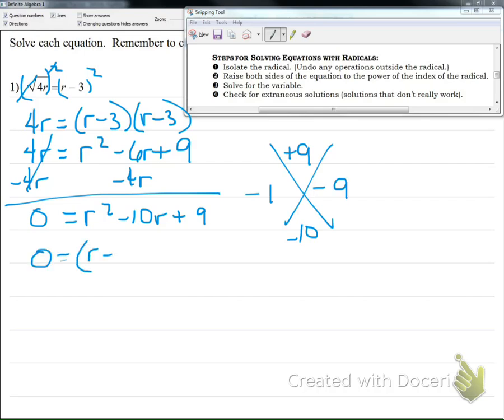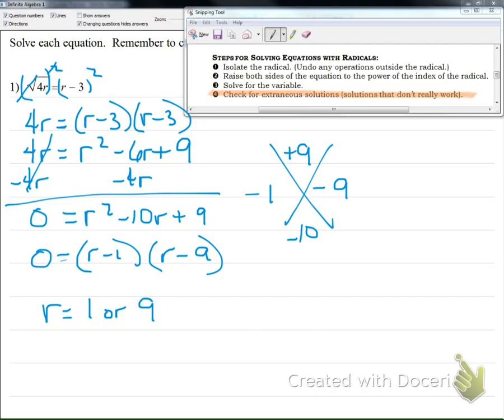So let's write this in factored form. Once we have it in factored form, we can solve the equation. Our zeros are, by the way, the zeros, the roots, or the solutions of a quadratic all mean the exact same thing. So we set r equal to the opposite of each one, so it should be positive 1 or positive 9.